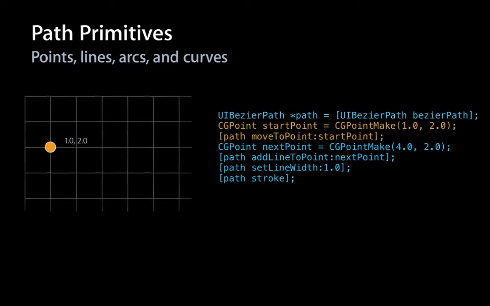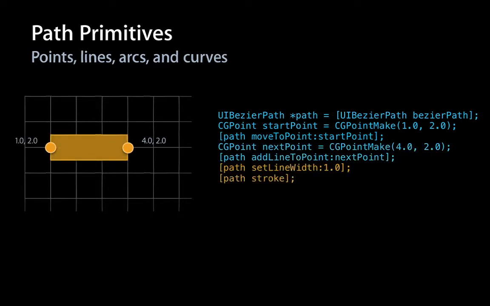Then you create a CGPoint and you tell it moveToPoint. Anytime you call moveToPoint, that's going to create or begin a new path. But that point is kind of lonely. He needs a friend. So we're going to set up another point and call addLineToPoint. So now I've built this geometric abstraction, which is the line that goes from the initial point to the second point.